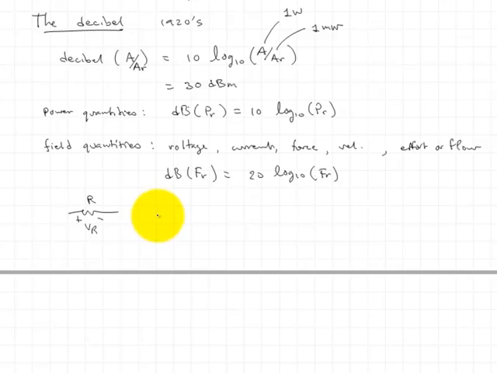We would describe that resistor as having a power dissipation equal to V squared over R. And if I wanted to represent the power in decibels, I would say dB of the power of the resistor, with reference to 1 watt.